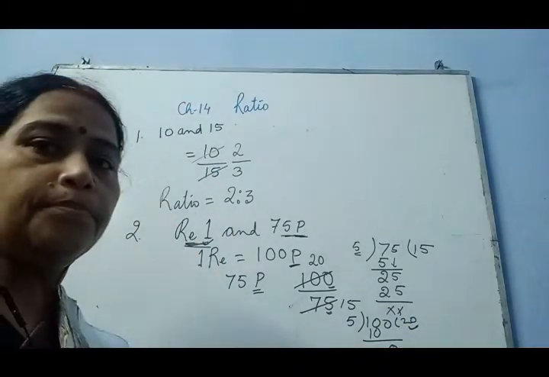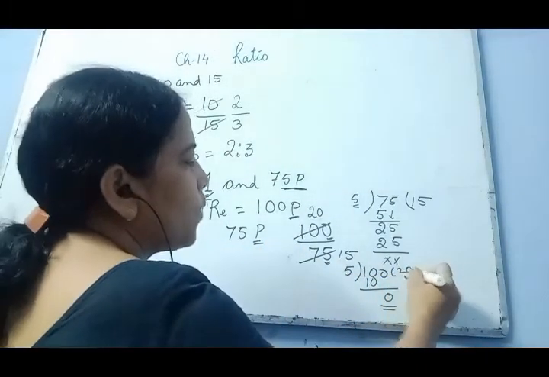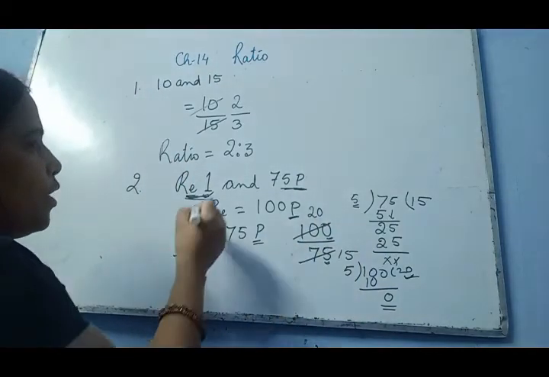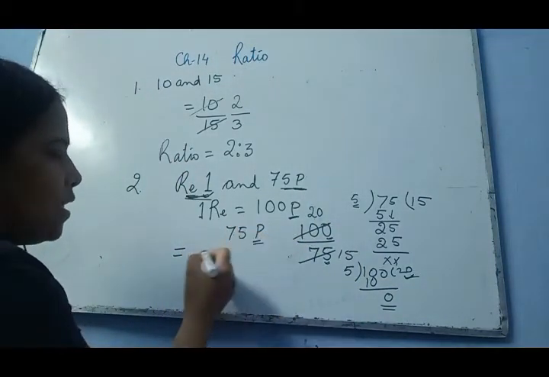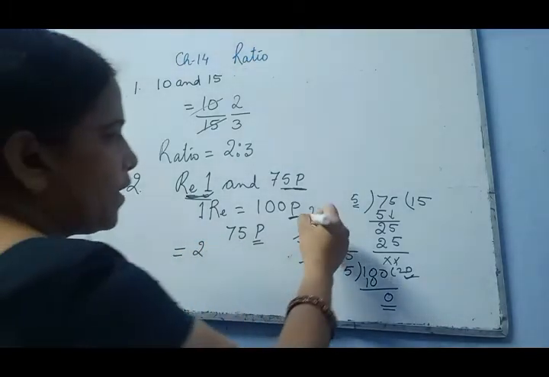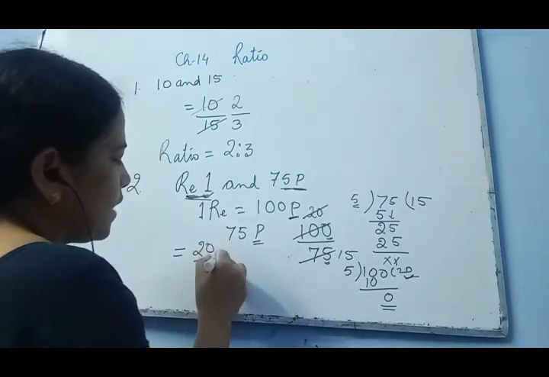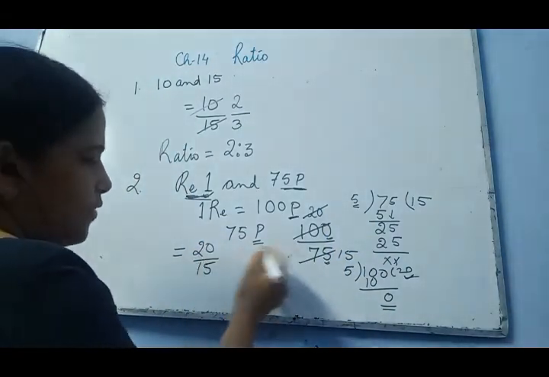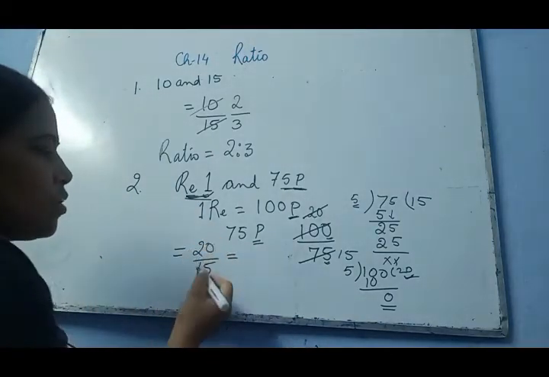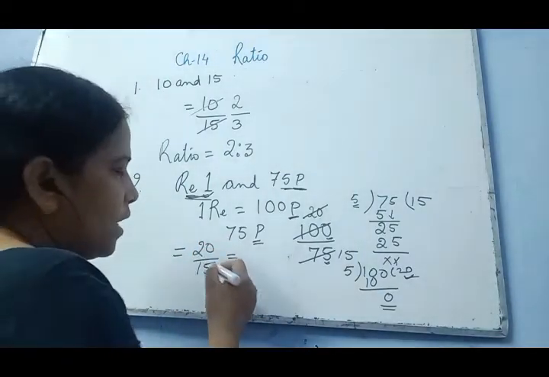So this becomes the ratio of rupee 1 and 75 paise, wait, now more we can cut this, we have to reduce it further, okay. We'll write first 25 and 15. Now again we have to check whether it cuts or not. So now you see that it can be reduced further.